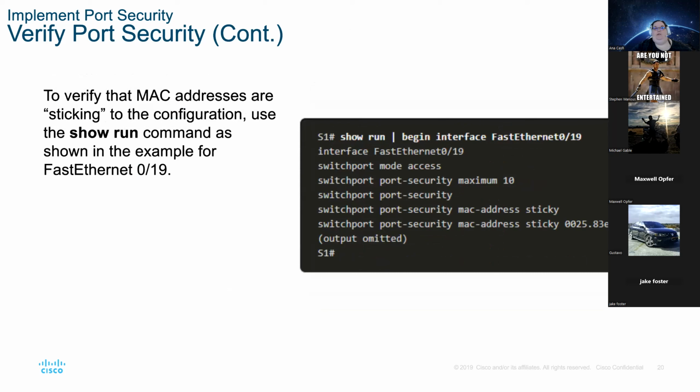To verify MAC addresses are, quote, sticking to the configuration, use the show run command on the right, and you'll see show run pipe begin interface, and then you can see port-security mac-address sticky, and then you can see there's one down there on the bottom.